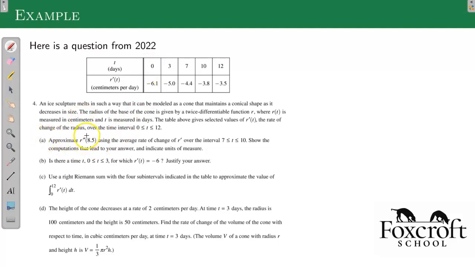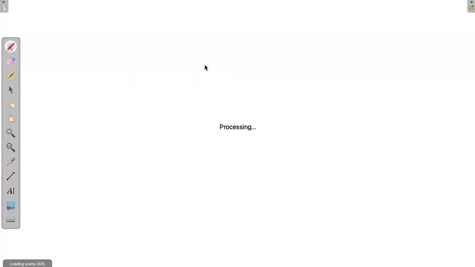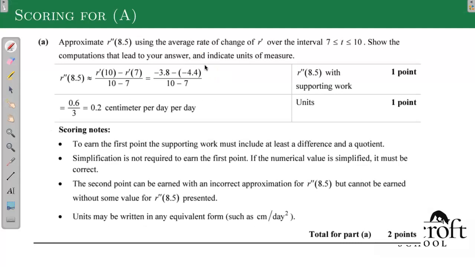The first part, they're asking us to approximate r double prime, and we've been given r prime. So when you find the derivative from the table, that just means we're doing an average rate of change. So for part A, you get 1 point for finding r prime using an average rate of change, and then it says indicate units of measure. So just getting the units right is 1 point.